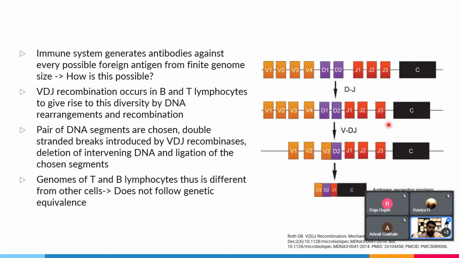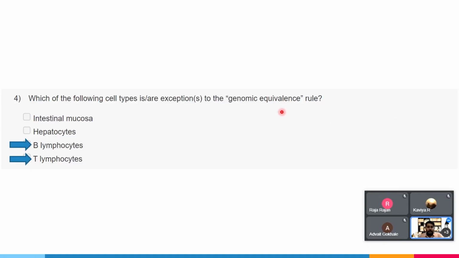So from a finite DNA sequence, due to that 50 into 100 into 30 combination that can be formed, you can essentially have a huge diversity introduced. And thus the answer to the question is B lymphocytes and T lymphocytes do not follow the genomic equivalence rule.